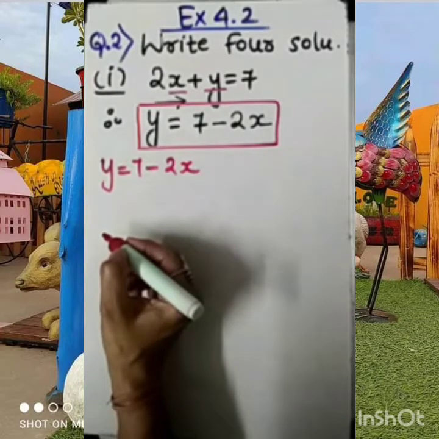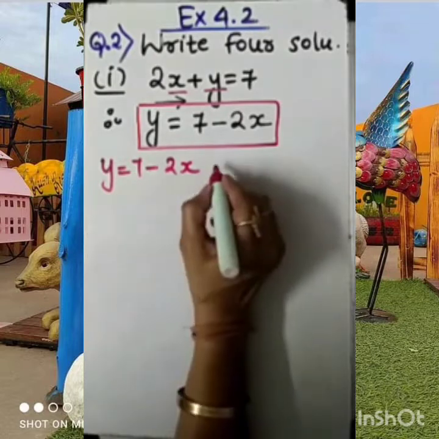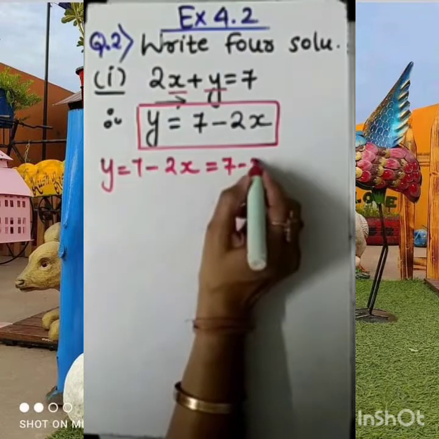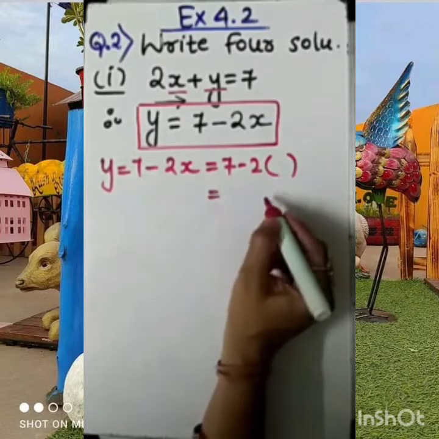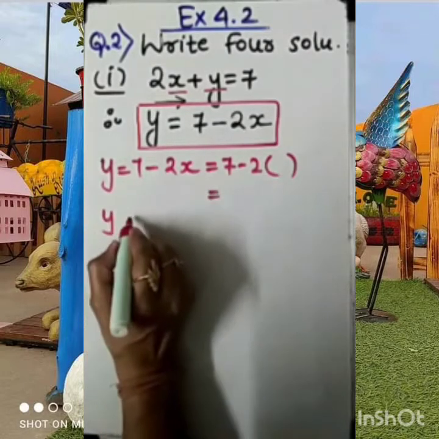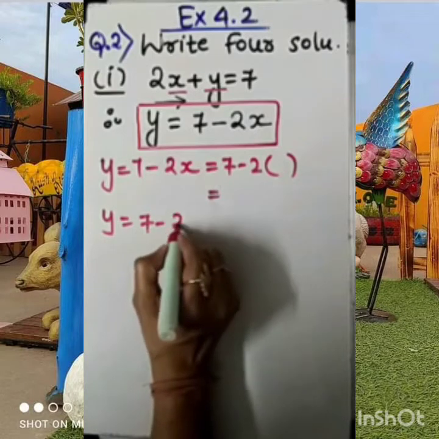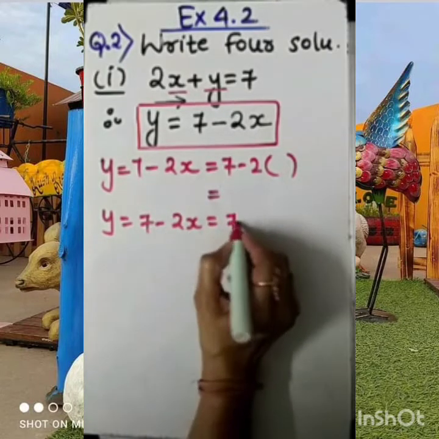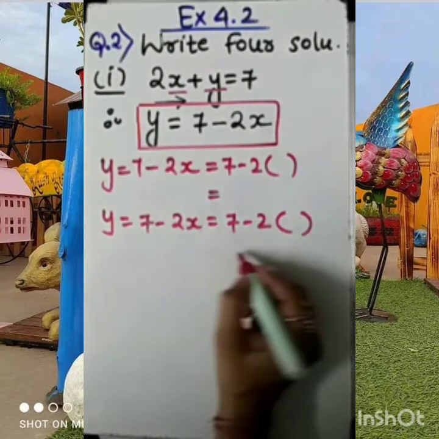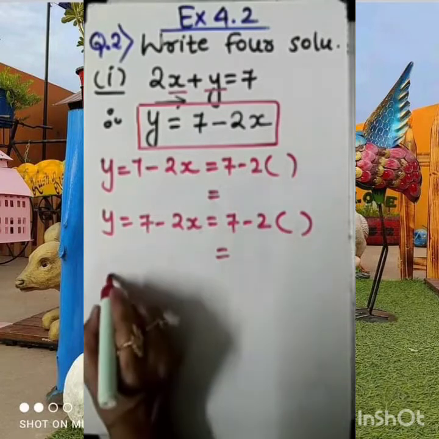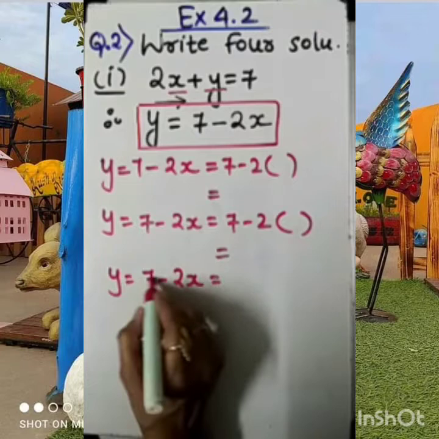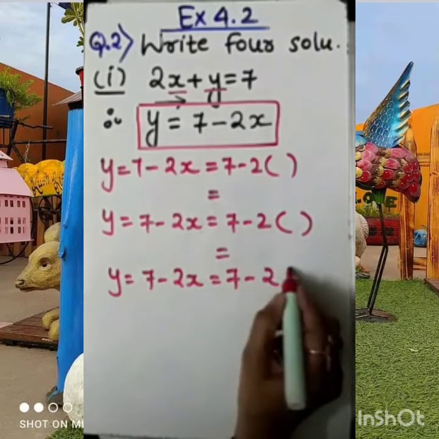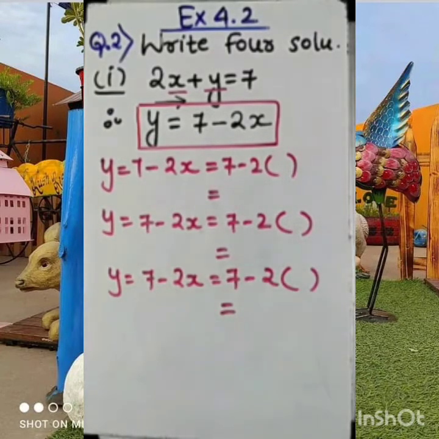Clear? So you can see what I am going to do. In place of x, I will apply some value, and then again 7 minus 2x. Second time I will take any other value. One more time, in place of x, I will apply any value and I will get the answer for y.